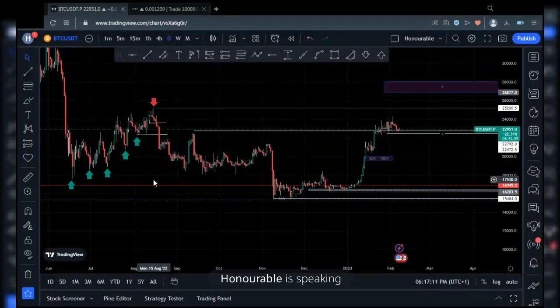What's resistance? A support level is that level where price is expected to give a bullish reaction, or find support to move up. A resistance level is that level where price tends to find resistance.